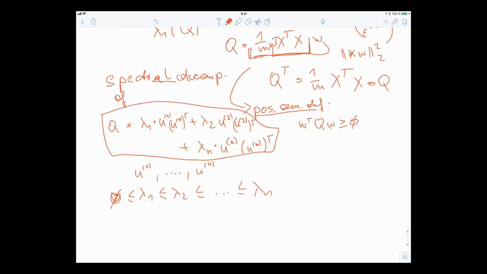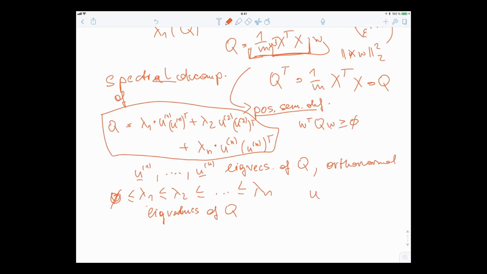Okay. Yeah, what I also need to say: these numbers are eigenvalues of Q. They are real valued and non-negative. And these vectors here are, guess what, eigenvectors of Q. And they have the distinct property that they are orthonormal.